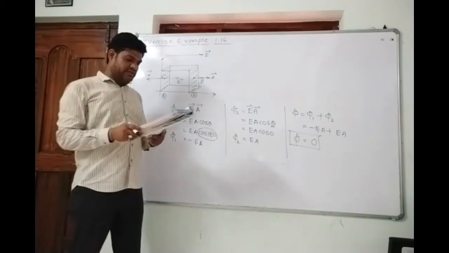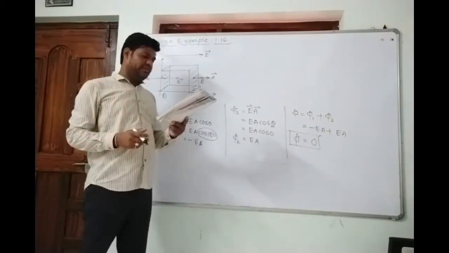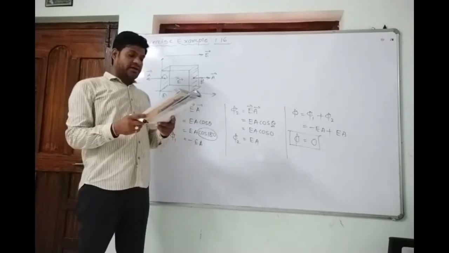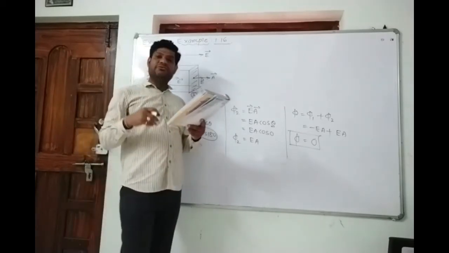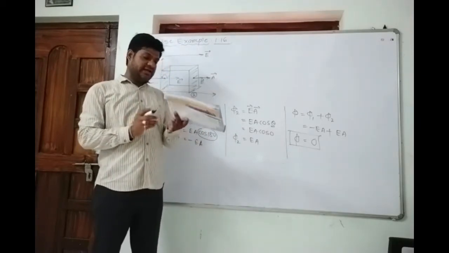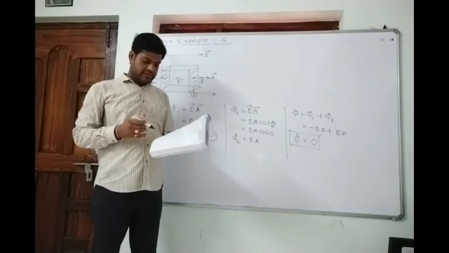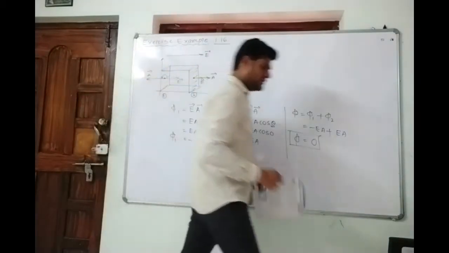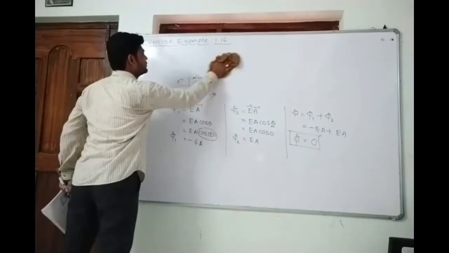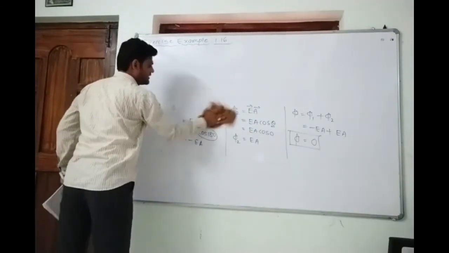See what is given in that. A careful measurement of the electric field at the surface of the black box indicates the net outward flux through the surface of the box is 8.0 times 10 to the power 3. Dear students, the flux coming out through the box is given.